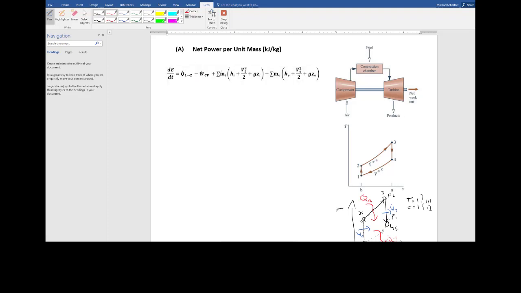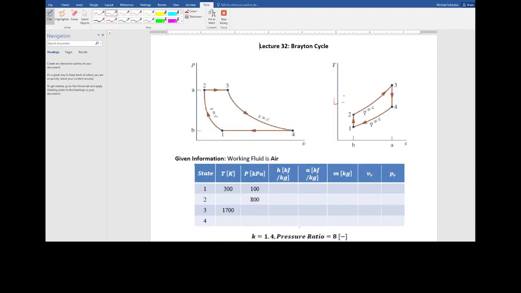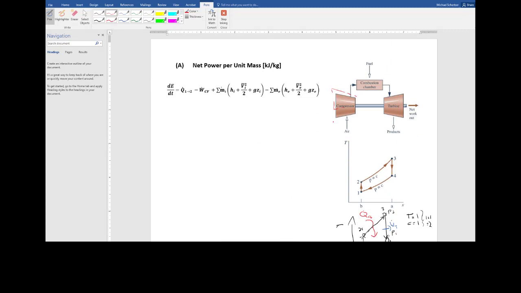So net power means that I want to know what's going on in the compressor and in the turbine. For all my components, I'm going to say that they're all at steady state, that they're all 1 in, 1 out. So the summation signs here go away.